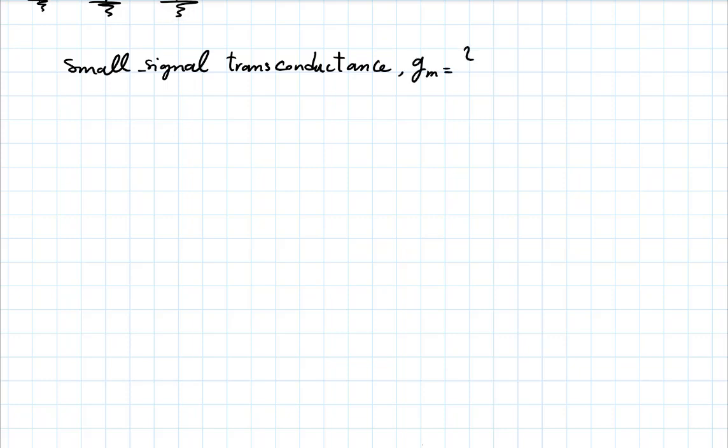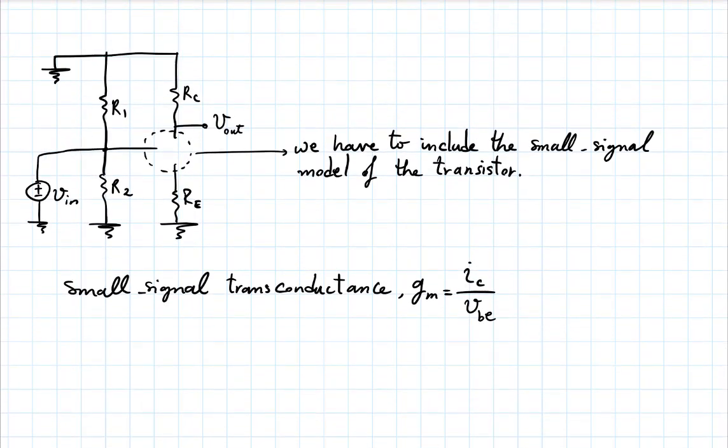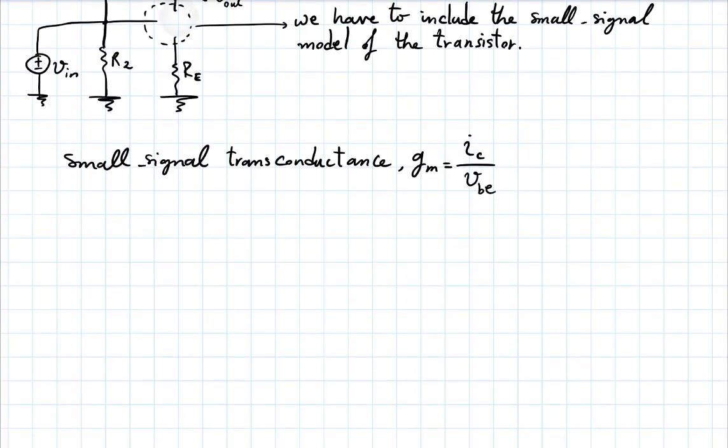Transconductance was small changes in the collector current divided by small changes in the base-emitter voltage. This is from last time. These are both small signal, that's why I have small i_c and small v_be.